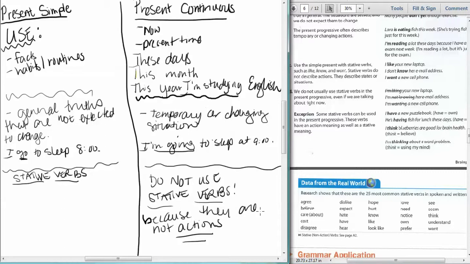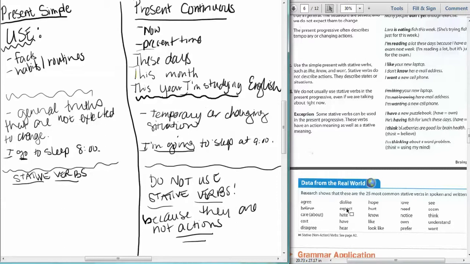So it's an action, what you're doing. You're doing something. Okay? So there are some exceptions to this, but this is the big thing. So stative verbs, verbs that are not actions, are going to be in the present simple. Only action verbs like going, talking, walking, these are words that are actions. They are in the present continuous.